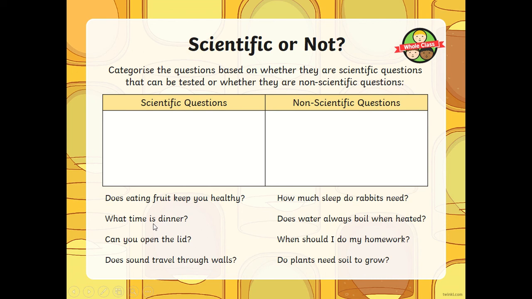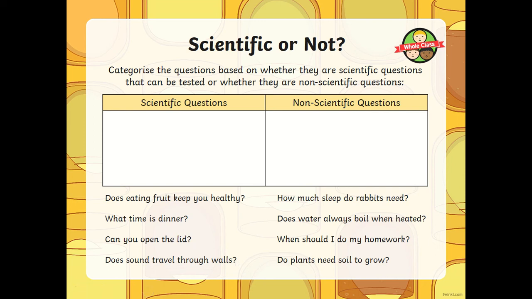What time is dinner? Now, is that something that we can test? No, that's just asking a question, isn't it? So that would be a non-scientific question. Can you open the lid? Isn't that asking somebody to do something? So probably a non-scientific question. Does sound travel through walls?